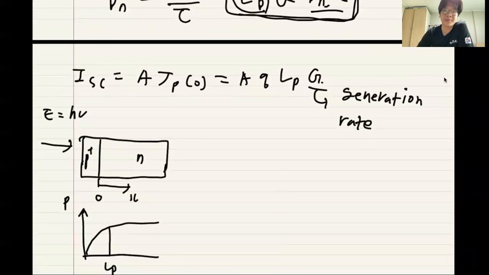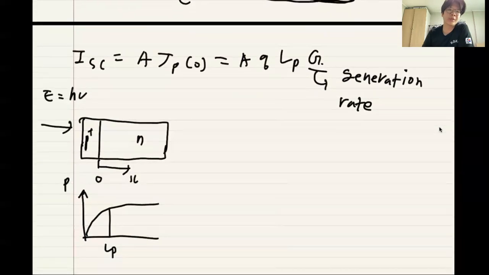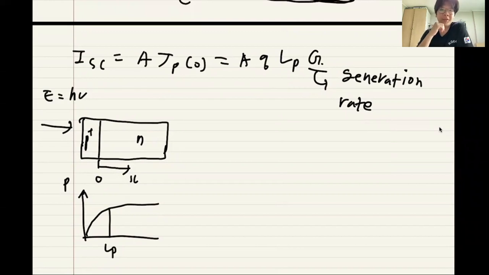So here there is a definition of the short circuit current, which is the current from converting light energy to electrical energy.